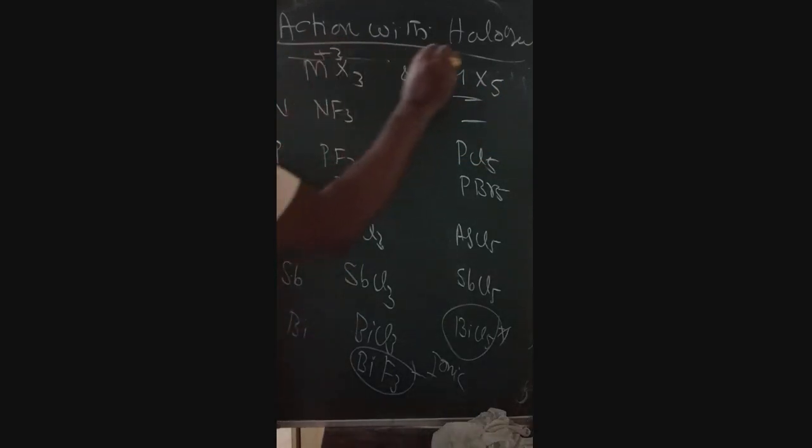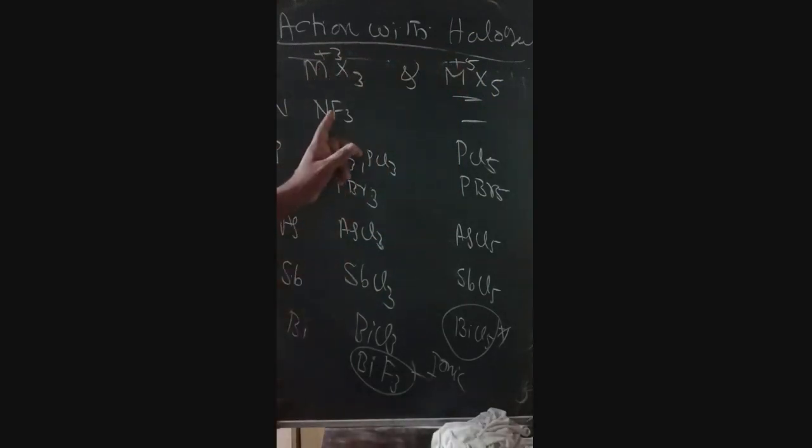Why? Because the oxidation state is +3 in one and +5 in the other. Generally, as the oxidation state of the central atom increases, the covalent nature also increases. Okay, children. So BiF3 is ionic, and the remaining halides are covalent.